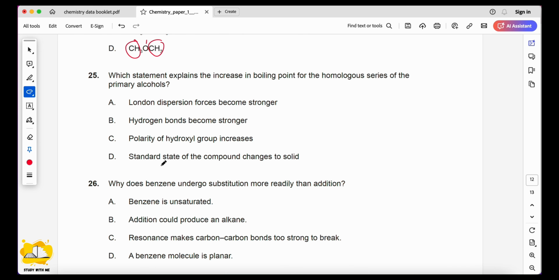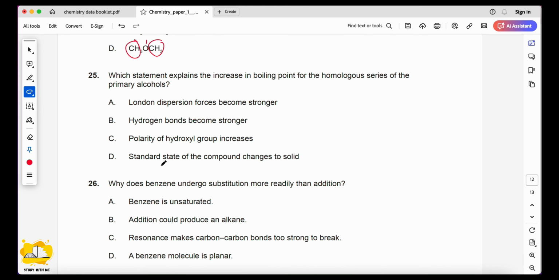Which statement explains the increase in boiling point for the homologous series of the primary alcohols? As you move down the homologous series of alcohols, it is not the number of OH units that will be added, but the CH2 unit, because it's a homologous series of primary alcohols. The chain will be longer because CH2 is added.